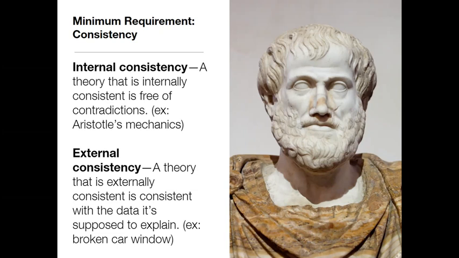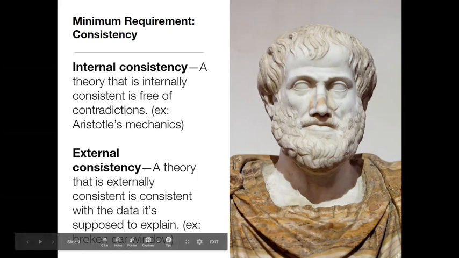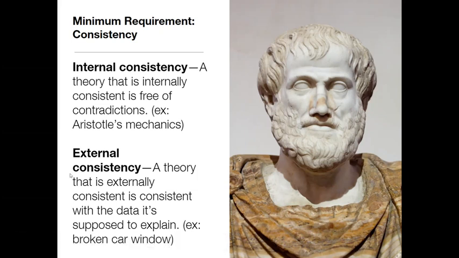That has to do with that view. And typically we think consistency matters. It's not foolproof, but any scientific view or medical view should be consistent with itself and externally consistent. It should be consistent with the data it's supposed to explain.